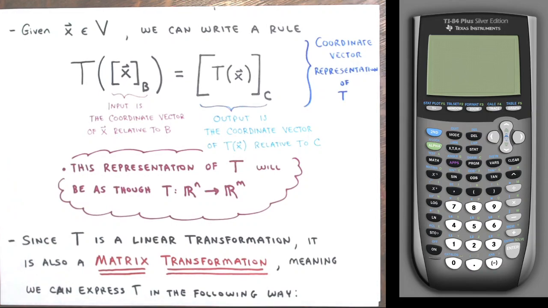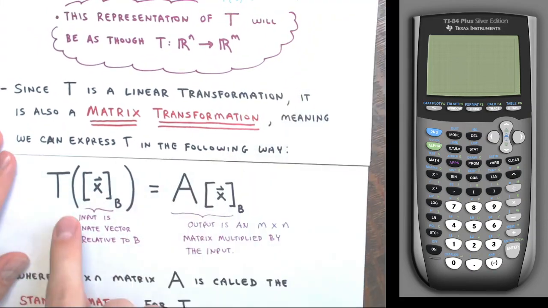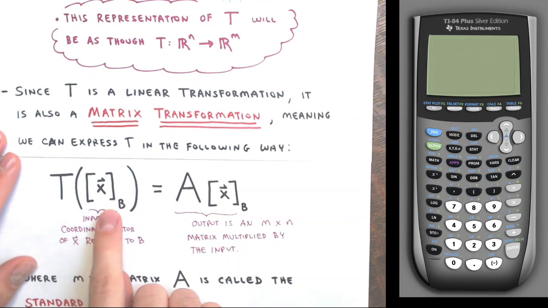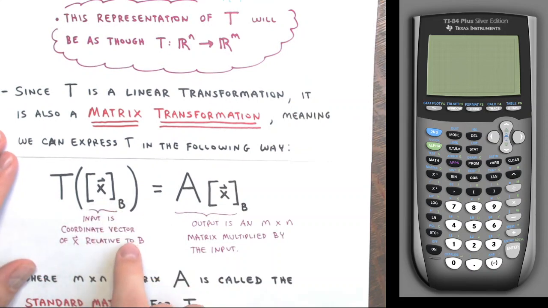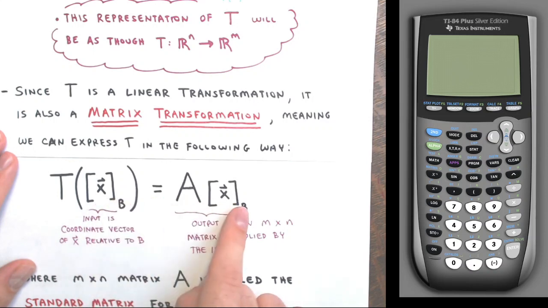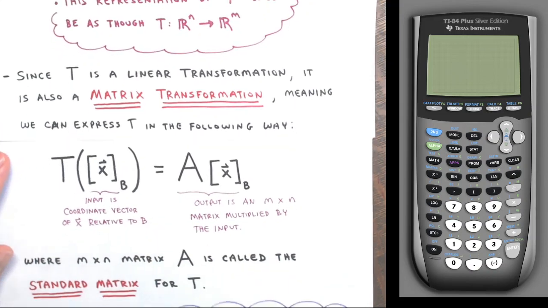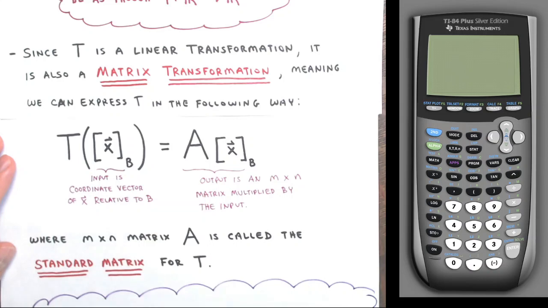So T of the coordinates of my input vector with respect to basis B should be able to be written as a matrix A multiplied by that same input vector, the coordinates of x relative to B. And this matrix A, which would be an m by n matrix, is called the standard matrix for T.